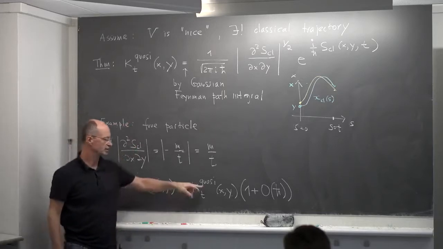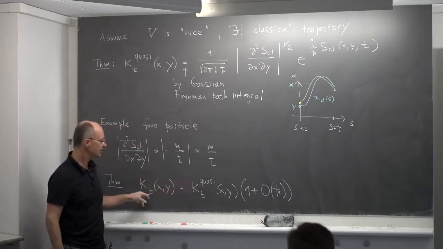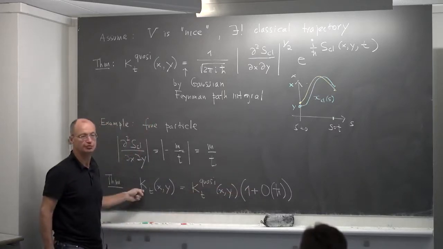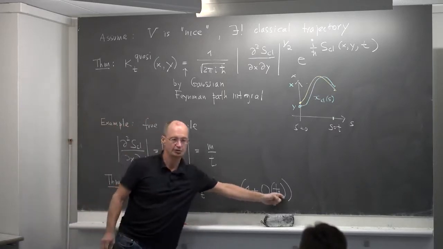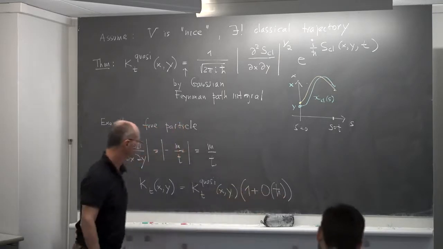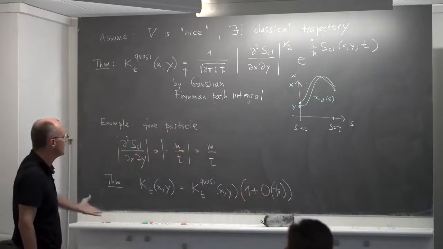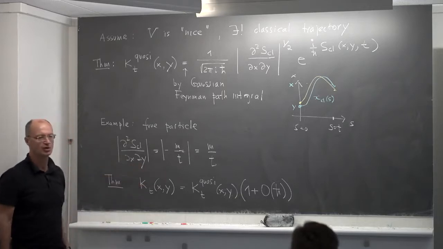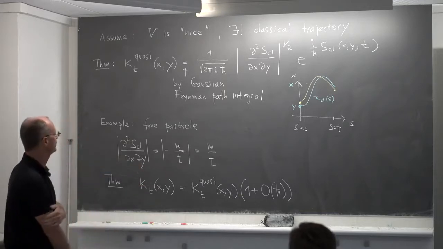So the quasi-classical formula is an asymptotic approximation of the correct true formula when h bar goes to 0. So basically that's a kind of upgrade or time-dependent version of the WKB story that we looked at before.